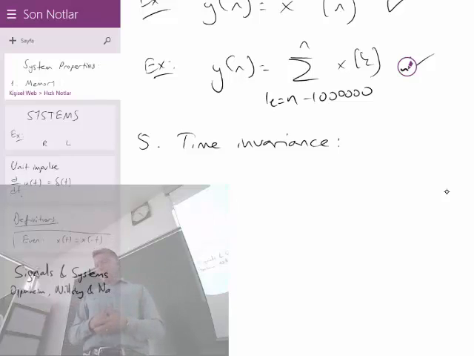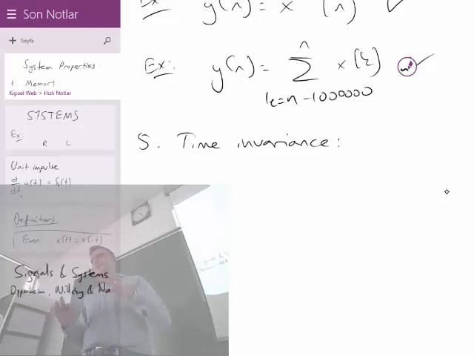These are the two answers that you have to choose. Time invariance is an important thing. As I said, the others, for the time being, we don't have the tools, they are not very significant. But time invariance is the thing that you can strictly detect for any kind of a system.